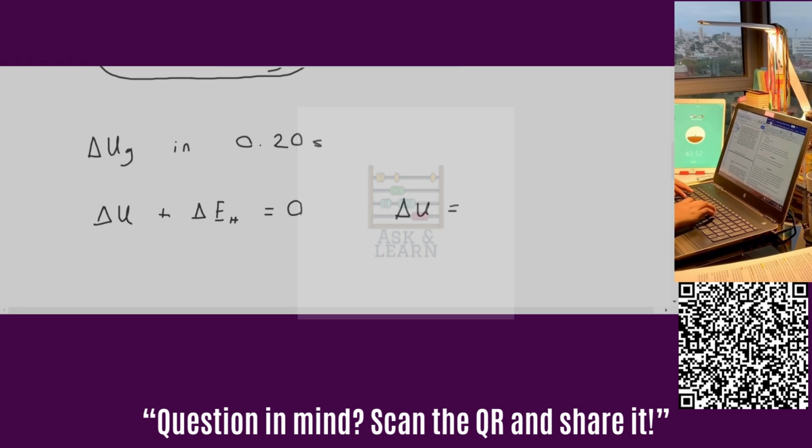Or if we think in terms of power, that is, if we divide both of these by a change in time, we can say that the rate at which we lose potential energy, right, gravitational potential energy, is the same at which we dissipate power in our circuit.